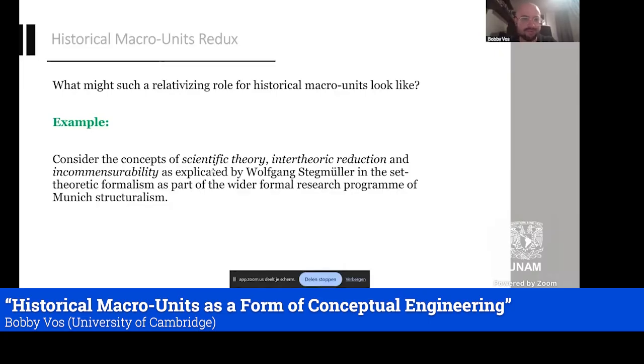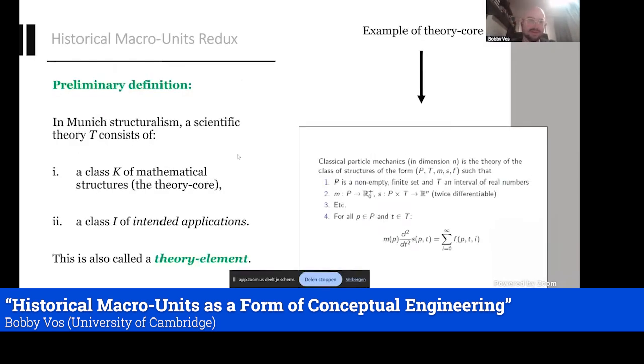So consider the concept of scientific theory together with the adjacent concept of intertheoretic reduction and the famed notion of incommensurability, as explicated by Wolfgang Stegmüller in the context of the set-theoretic formalism that was being developed in the 70s and 80s within the wider program of Munich structuralism. People don't need to be familiar with this program for what comes next, because I will sketch it real quick.